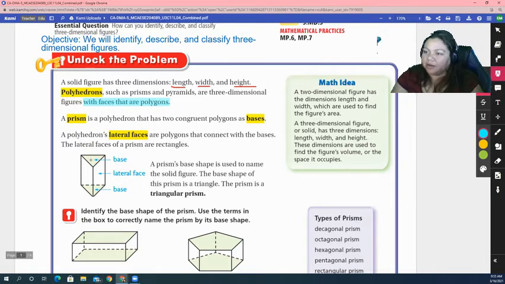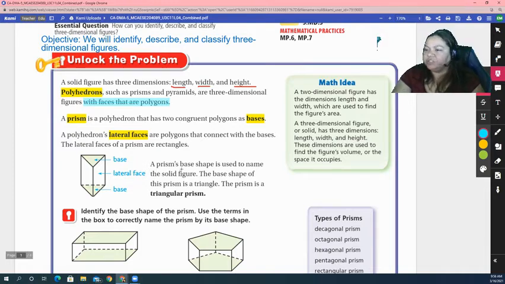A triangle is a polygon. And then you have the sides, which are a different shape. A polyhedron's lateral faces, kind of like the sides, are polygons that connect with the bases. The lateral faces of a prism are rectangles. See how this is a rectangle? It connects the two triangles.